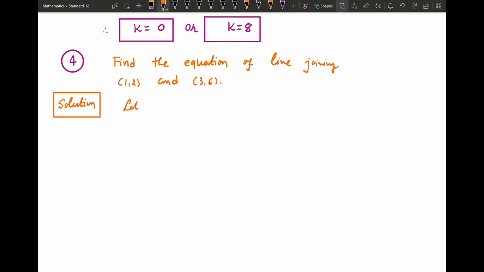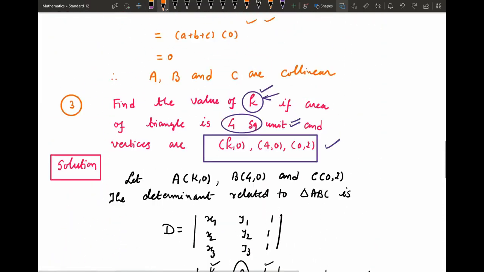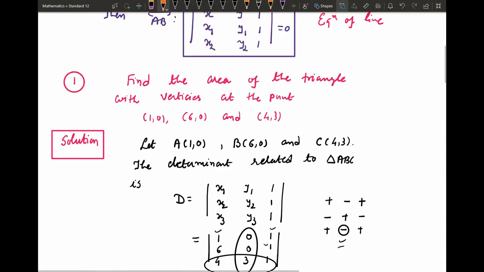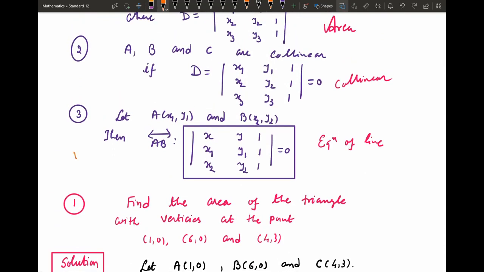Let A be 1, 2 and B be 3, 6. Now the Cartesian equation of line AB, according to the third formula, we use this formula to find the equation of line.